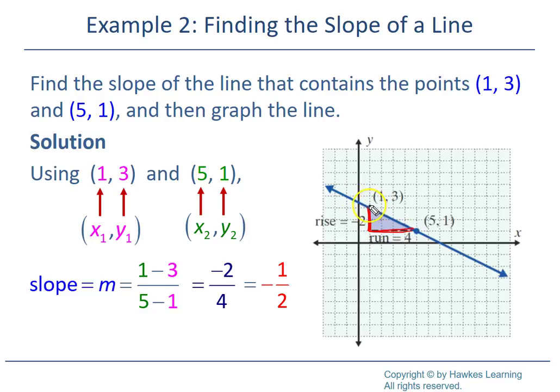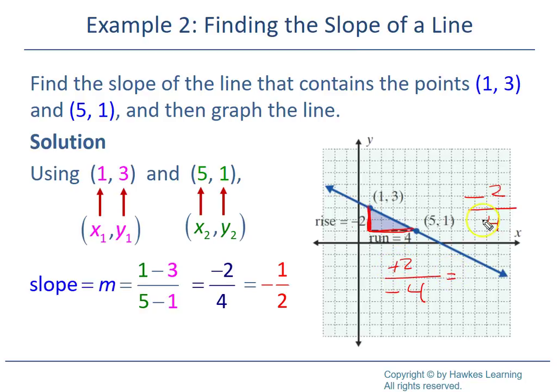So if you start here, going in this direction is a negative 2, but going in this direction is a positive 4. Now if you went this direction, that would be a negative 4. And then if you went this way, that would be a positive 2.